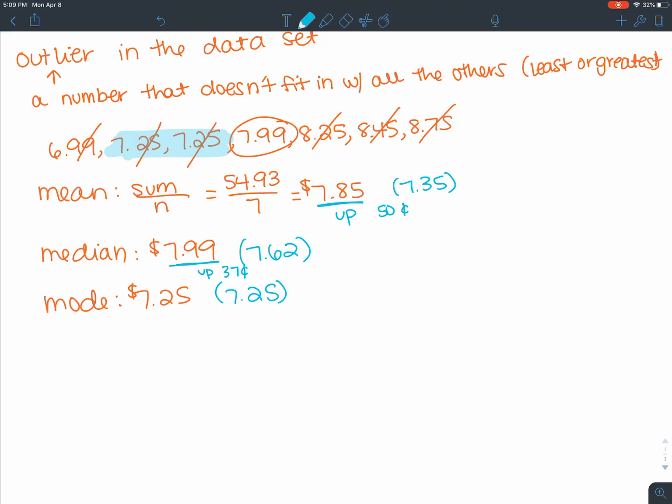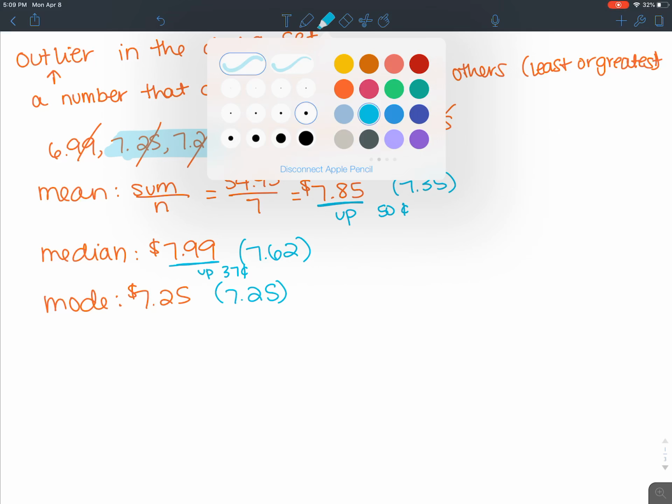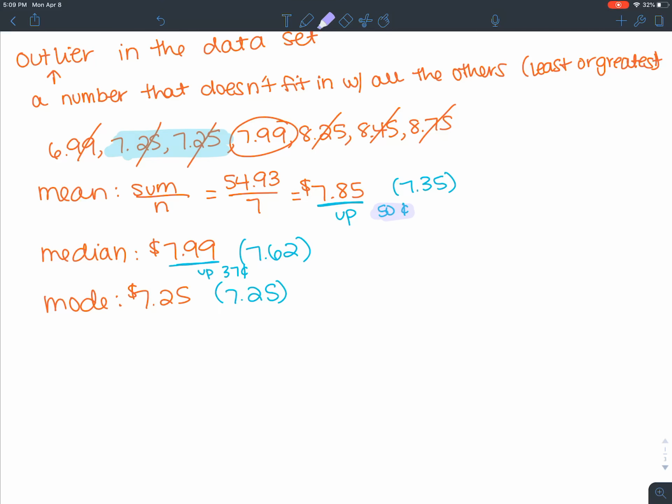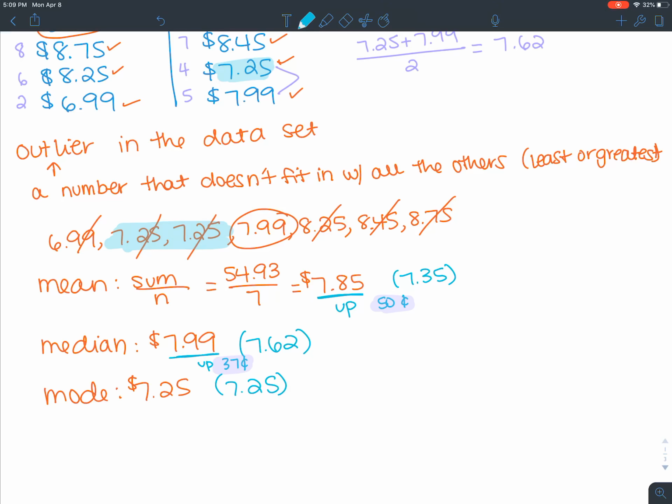So in this case, the mean was affected more because it had a bigger change of 50 compared to 37. So outliers are in the data set and they affect the mean, but not the median. So here's the way that we're going to use that.